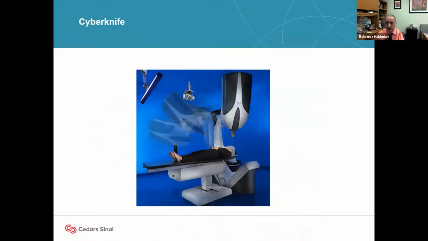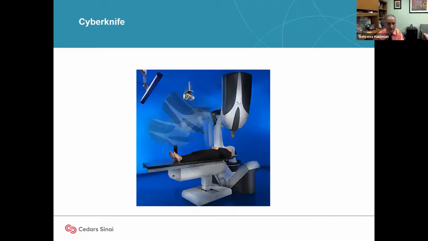Now, I'm sure you have heard of CyberKnife. The CyberKnife is another device that pretty much does the same thing. It's like a moving arm that gets close to the body and delivers the radiation. There are some X-rays that are being monitored constantly. It basically does the same thing as the other form of radiation.